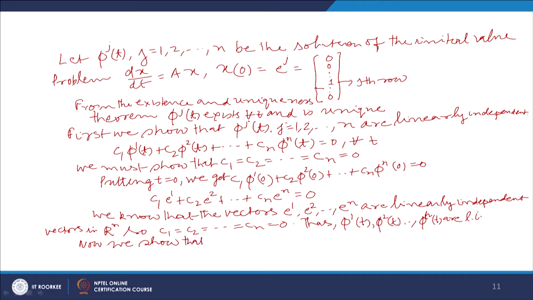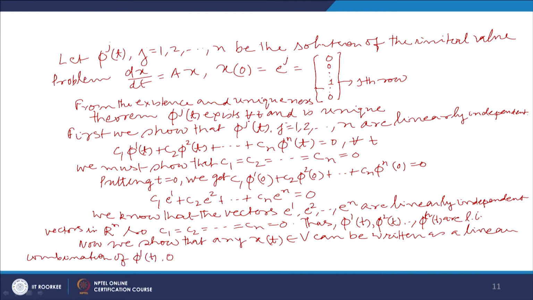Now we show that any x t belonging to B, the space of all solutions of the homogeneous system x dot equal to Ax, can be written as a linear combination of phi 1 t, phi 2 t and so on phi n t.